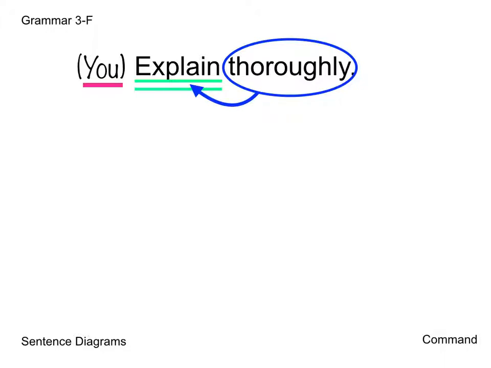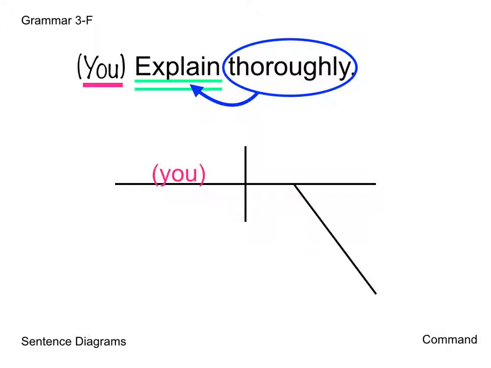So now let's get into the actual diagramming part. So we're going to have our baseline bisected so that we have our subject and predicate separated. And then, of course, we have a describing word for our verb, also known as an adverb. So let's fill in the blanks. We have you as our subject. Notice that on here, even though it's the diagram, we're still including the parentheses because it's an understood you.